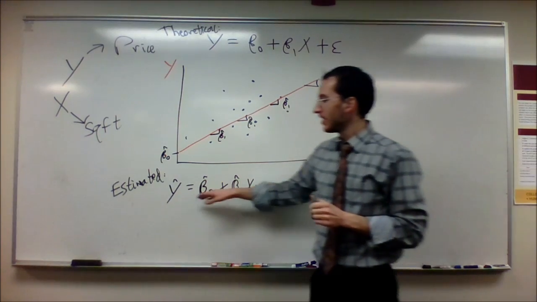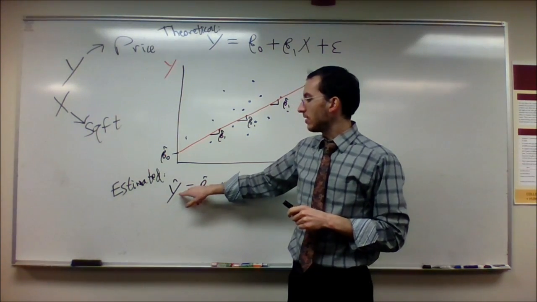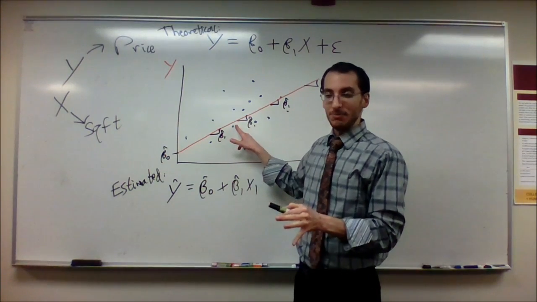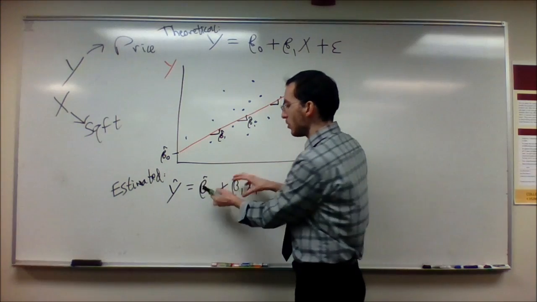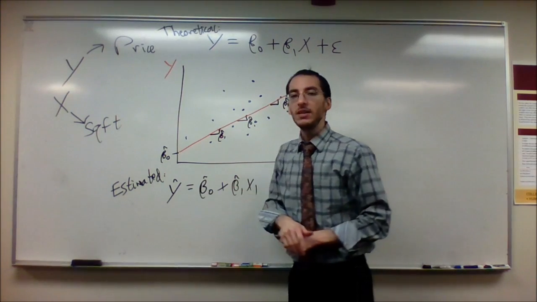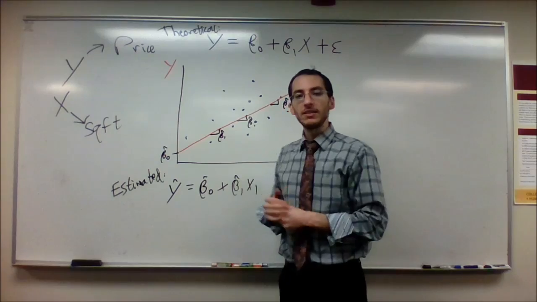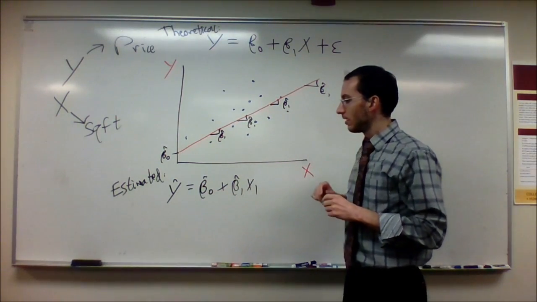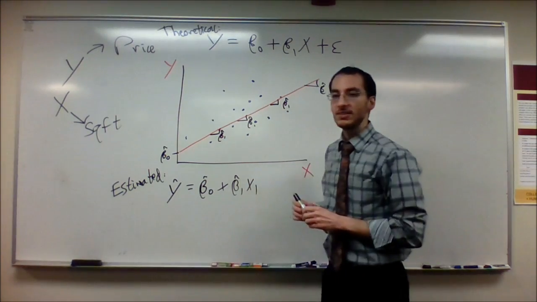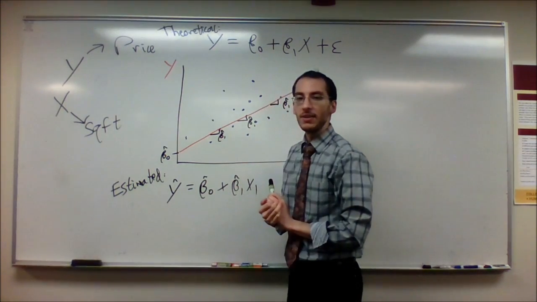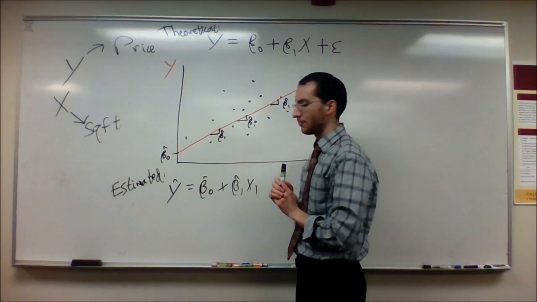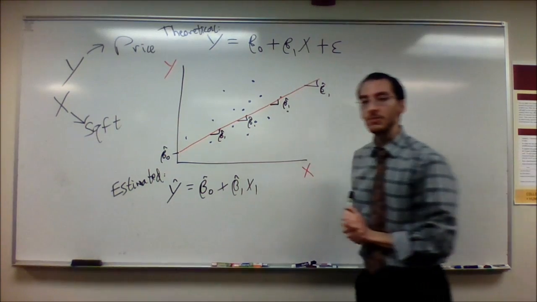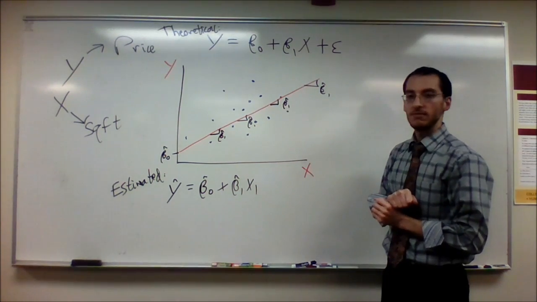Not everything, but I put a hat on my response variable because now I'm predicting it. I'm using my estimated model to give me predictions of my data, to give me predictions of my y value. So I put a little hat on it to say, this is my estimated y value at a given x. And I have an estimated intercept and an estimated slope that all come from this line.